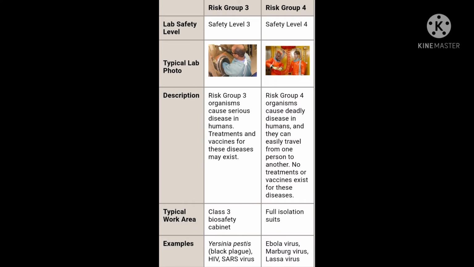While risk group 4 microorganisms usually involve viruses, so Ebola, Marburg, and Lassa viruses. All of these don't have treatment yet nor vaccination available. So it is expected that the microorganisms under risk group 4 are very deadly and dangerous.